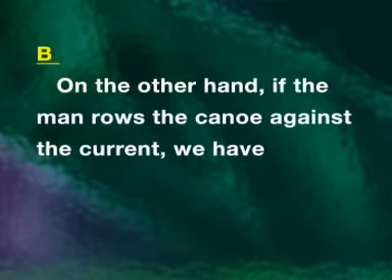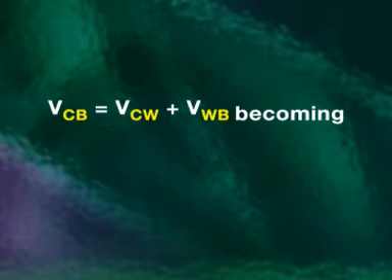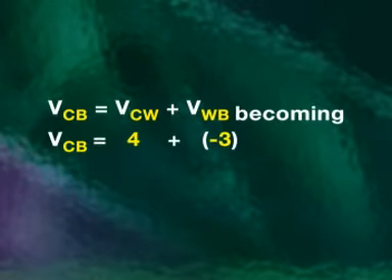On the other hand, if the man rows a canoe against the current, we have VCB equals VCW plus VWB, becoming VCB equals 4 plus minus 3. This gives us 1 meter per second. Taking the direction of motion of the canoe as positive, that of motion of the water becomes negative, hence the negative 3.